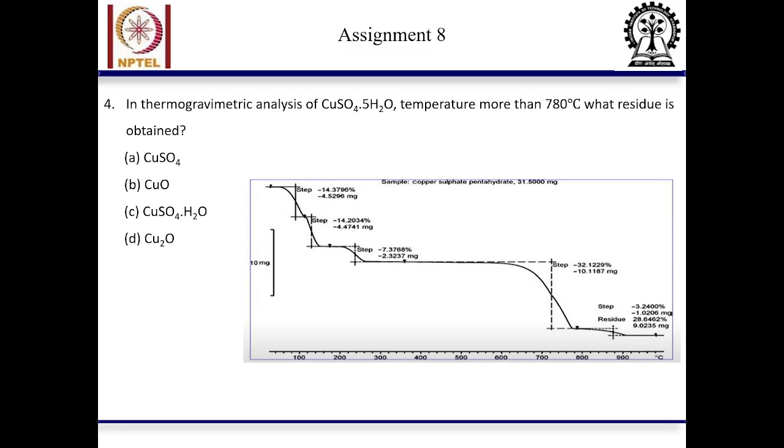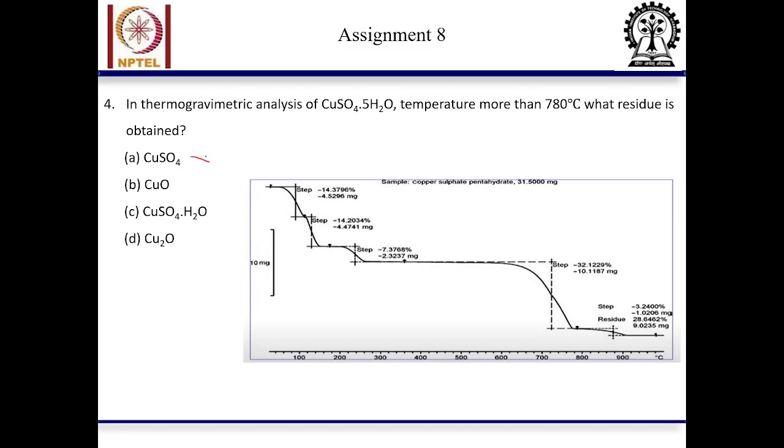So it should have CuO, but there is a different species which forms at 780 degrees. Now you have to tell me. Do you want to change your answer still? Okay, so let me tell you.